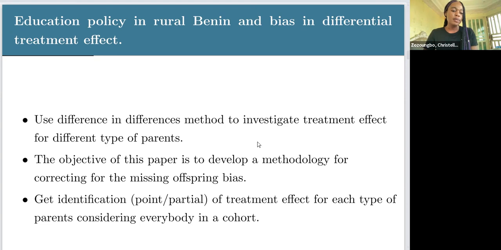And in other words, more specifically, I will try to get identification, either point or partial identification of the treatment effect for each type of parent, considering everybody in a cohort this time, not just people for whom I have information on parental characteristics.